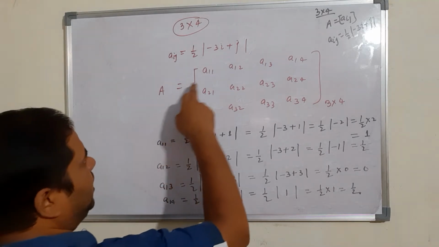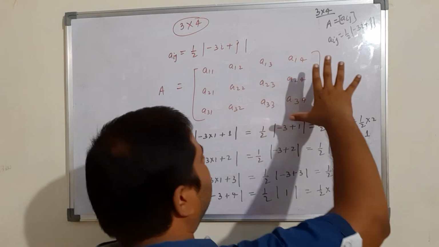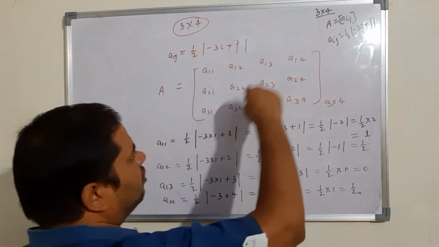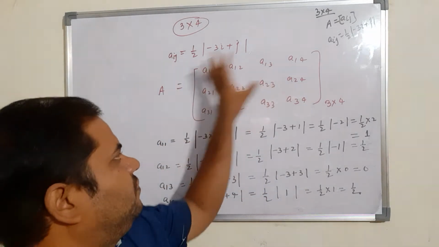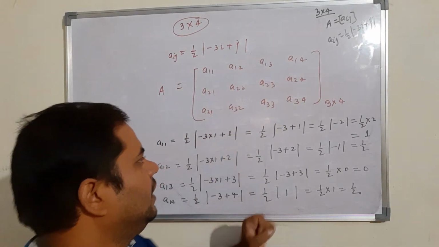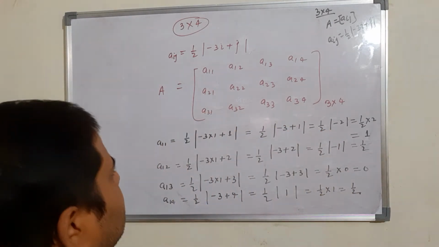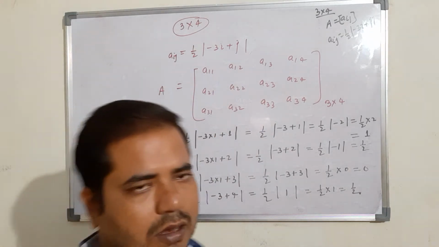A is equal to a11, a12, and so on, because 3 cross 4 means there are 12 elements with 3 rows and 4 columns. So first we form this matrix as such, and then one by one we find each element of this matrix and put it in the matrix to get the formed matrix.